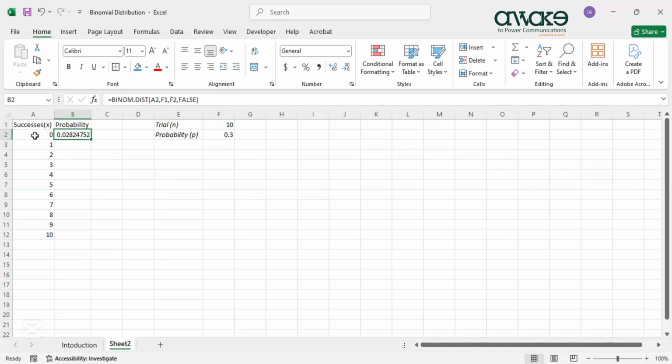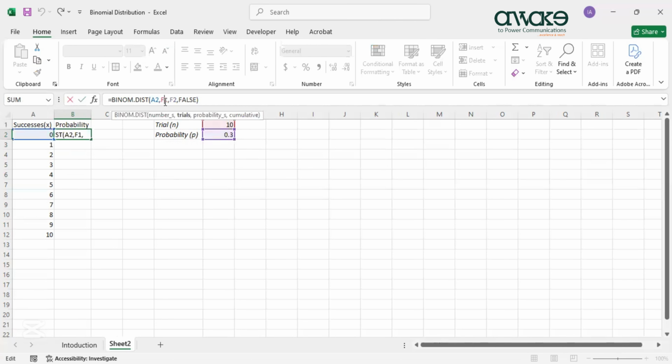But we cannot autofill this, because if we do, we will have a moving trial and probability, which wouldn't be correct. So let us make these cells constant. Our trial cell is in F1, right?